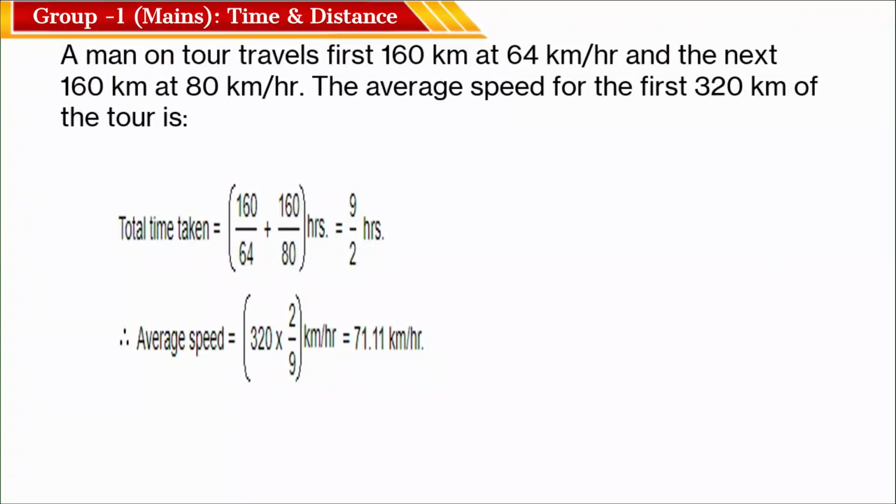A man on a tour travels the first 160 kilometers at 60 kilometers per hour and the next 160 kilometers at 80 kilometers per hour. The average speed of the first 320 kilometers of the tour is, what is the average speed? Okay. So actually this is the total distance travelled by him. So this is 160 kilometers and the next one is also 160 kilometers.